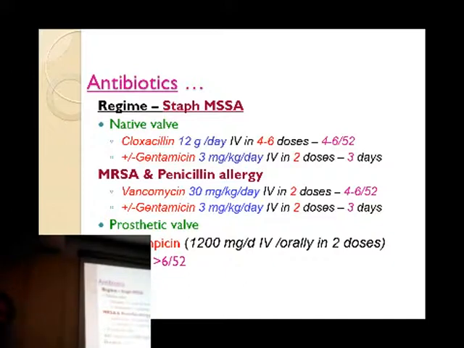Here cloxacillin is given for 4 to 6 weeks, while gentamicin IV is given for only 3 days once you isolate. For patients with methicillin resistant Staph aureus or penicillin allergy, vancomycin is the treatment which should be continued. So this is the continuation once you isolate the organism. If it is a prosthetic valve, rifampicin has to be always continued.